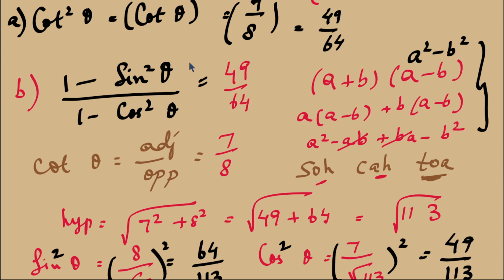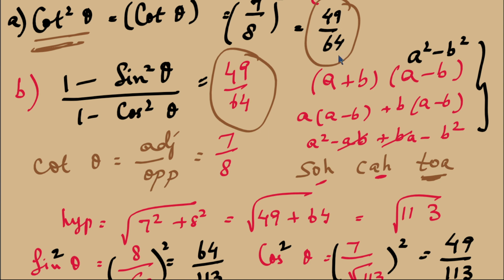Now let me highlight both and show you. We have found this to be 49 by 64, and earlier, when we did the first part of this problem, cot squared theta, we found that was also 49 by 64.